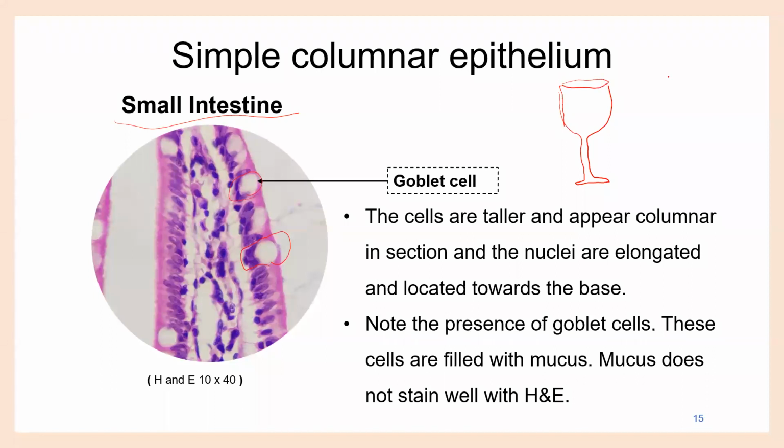Goblet cells generally look like that. The cytoplasm is going down like this, so the nucleus will be somewhere here, and all this is filled with mucus. So the cells are filled with mucus. As I always say, mucus doesn't stain well with H&E.